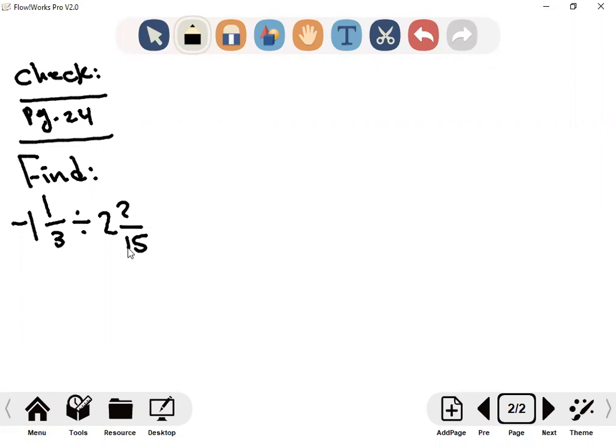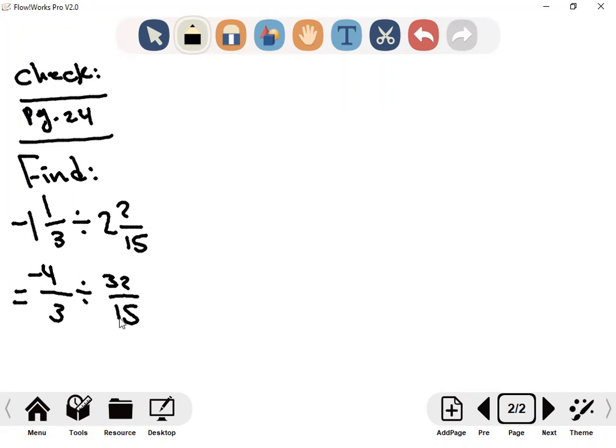Now we said if we have mixed numbers, we turn them to fractions and we keep the negative for the numerator. So 3 multiply 1, 3 plus 1, 4 over 3, and the negative we give it for the 4, divided by 32 over 15.